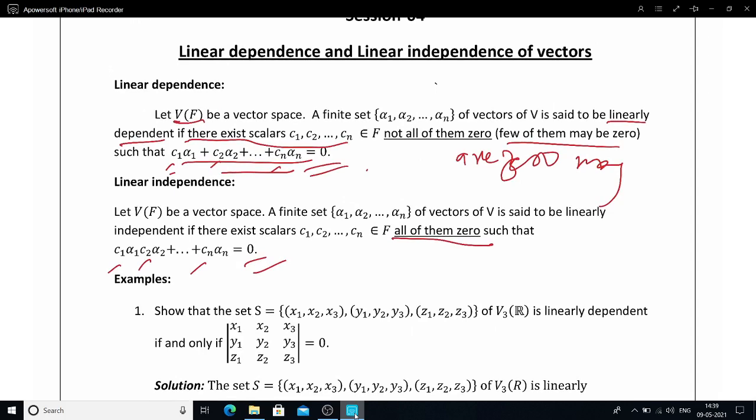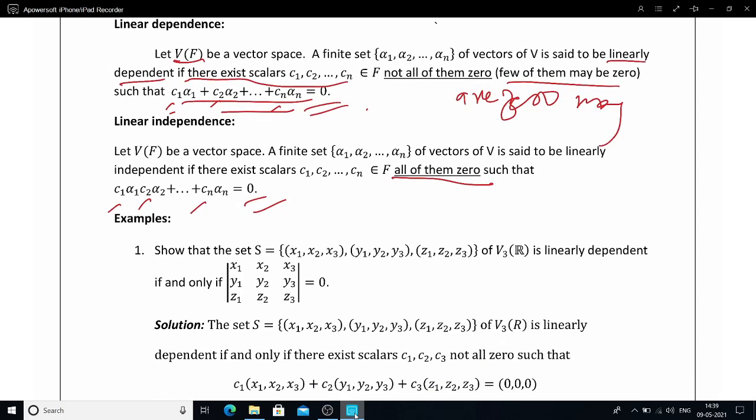Let me take examples. Show that the set containing vectors x1, x2, x3, y1, y2, y3, z1, z2, z3 of V3R, where V3R means vector space over a real field, containing 3 vectors, is linearly dependent if and only if the determinant equals 0.